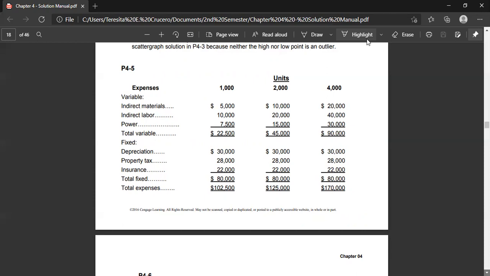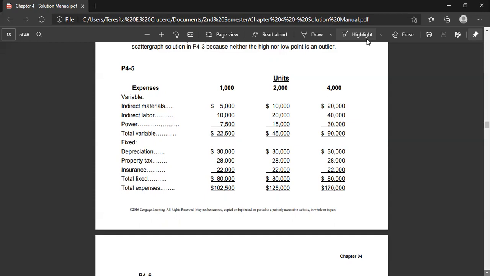However, the variable cost, if you work from here as given, $10,000 divided by 2,000, that will give you $5 per unit. And so you compute 1,000 times $5 equals 5,000. $5 multiplied by 4,000 is 20,000.